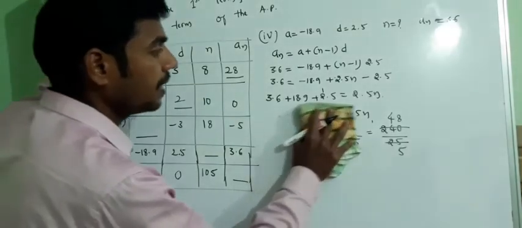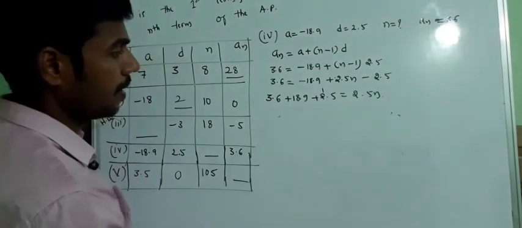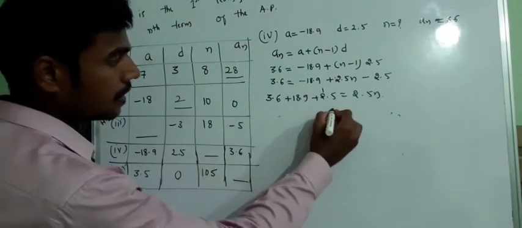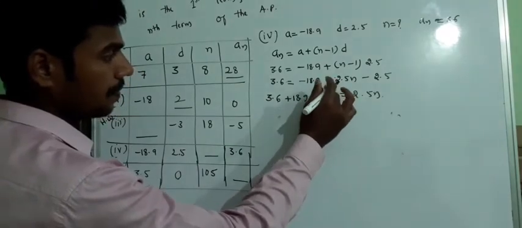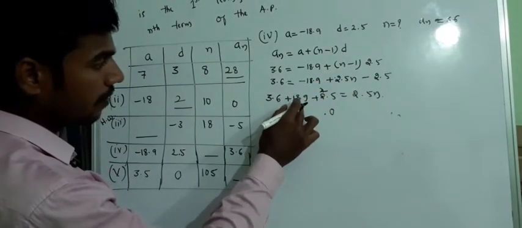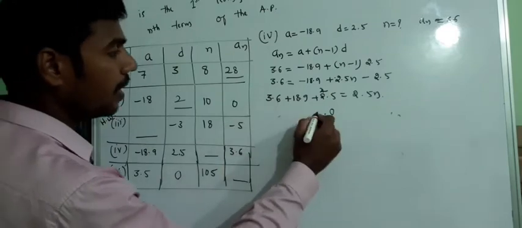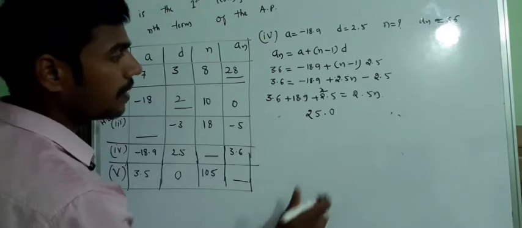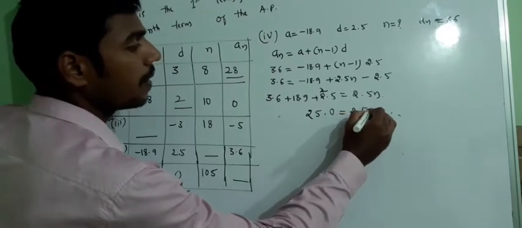I made a mistake. What mistake did I make? 5 plus 9 is 14, 14 plus 6 is 20. 20 means 0, carry 2. 2 2s are 4, 4 8s are 12, 12 3s are 15, carry 1, 2. 25.0 is equal to 2.5n.